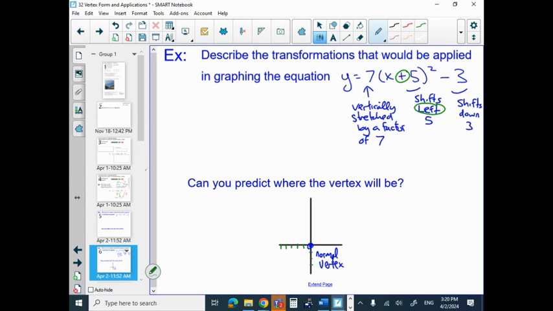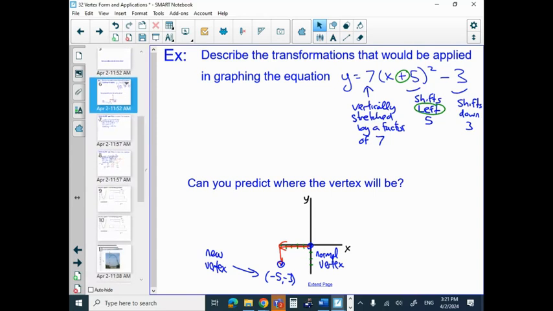So it's going to go over left 5 and down 3. So of course the vertex, the new vertex, is going to be down here at -5, -3. Right? So our understanding of the vertex form and all of those transformations that we've worked hard at helps us be able to get a lot of information from the equation directly.